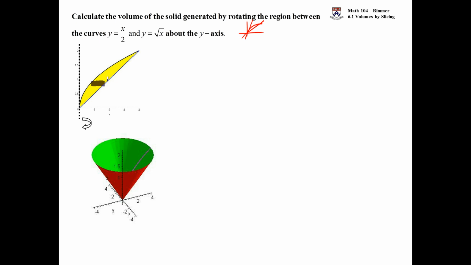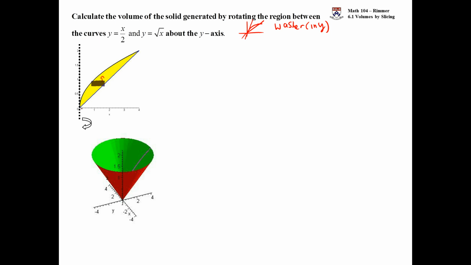Since that rectangle is horizontal, it gets moved upward, and so we find out that this must be washer, because there's definitely a gap. There'll be a hole there when we rotate, and not only that, we'll be in the variable of y, washer in y.